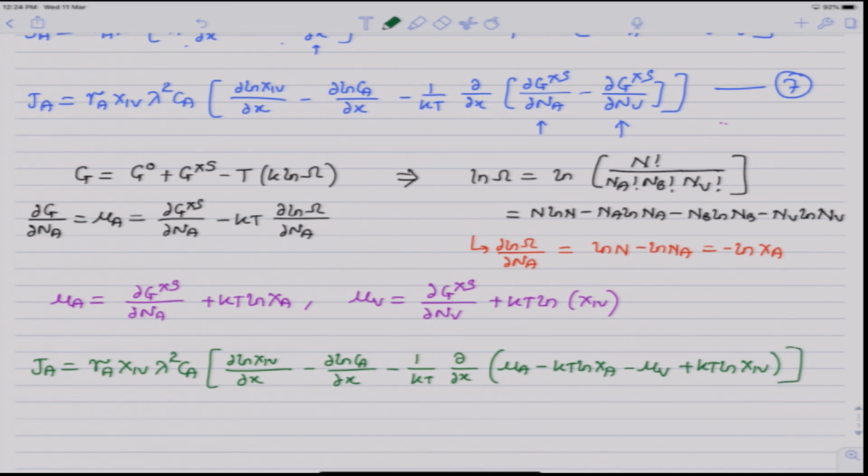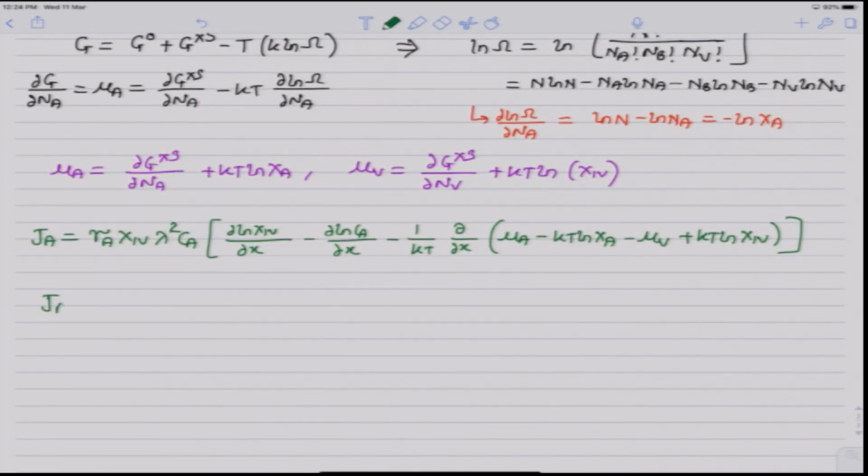Now this KT and KT will get cancelled, and dou ln X1V by dou X will get cancelled with this term, and so we get the expression for JA.